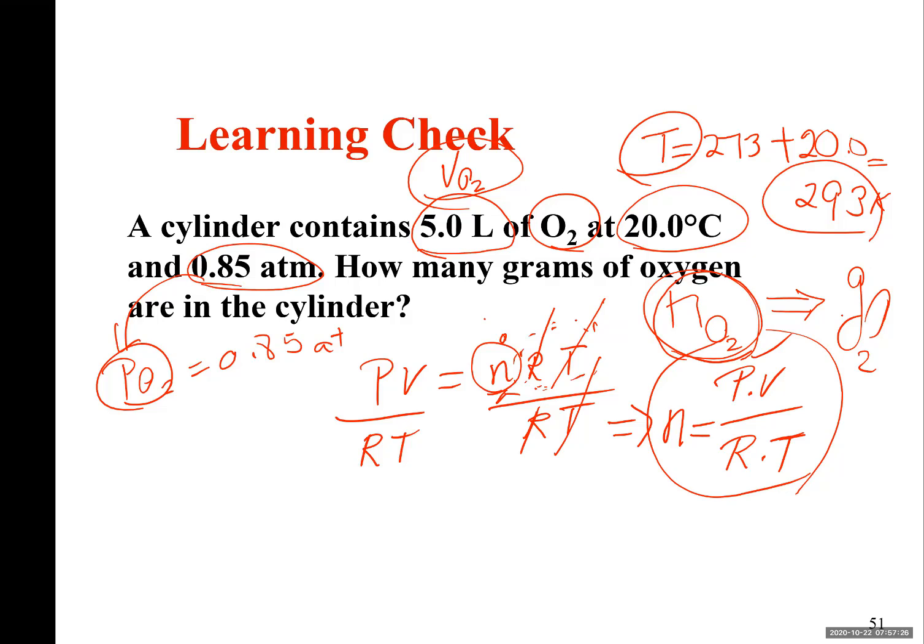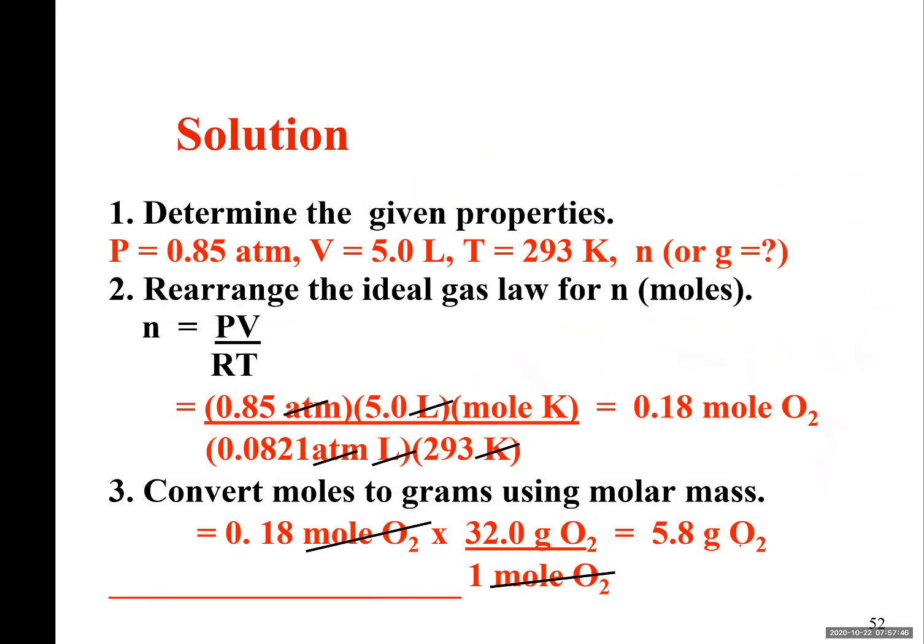I have pressure, volume, gas constant, and temperature, so I can calculate the number of moles. Once I calculate the number of moles, I can convert it to grams. Does this make sense? So let's look at the solution. Pressure, volume, temperature are known, number of moles is unknown, and I can go from number of moles to grams.